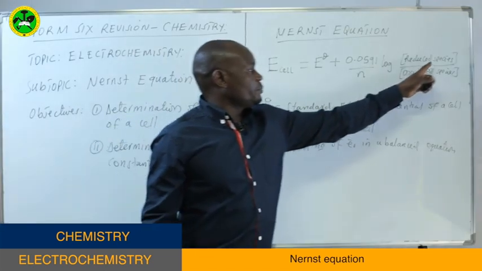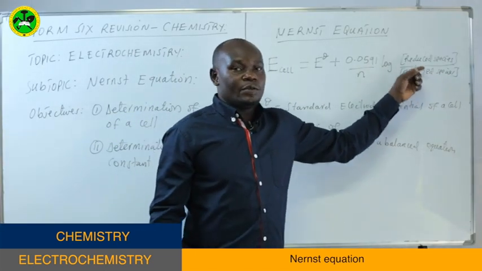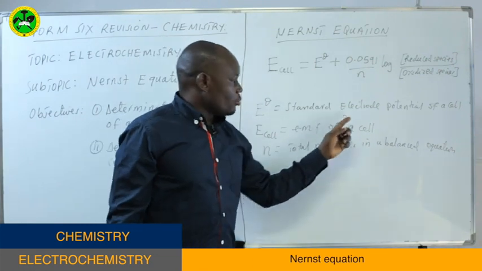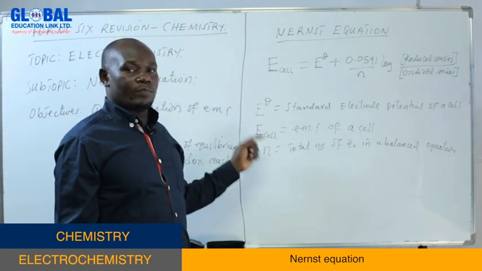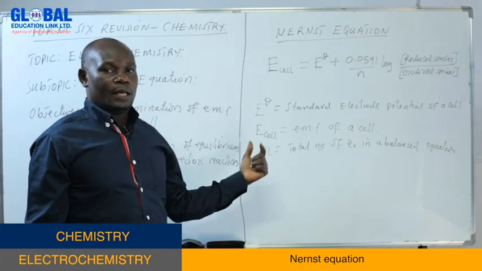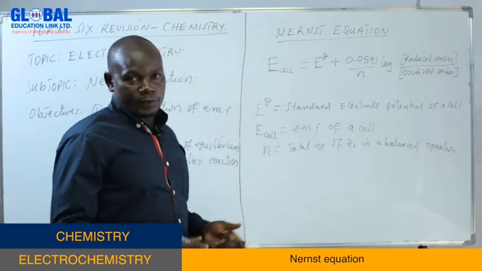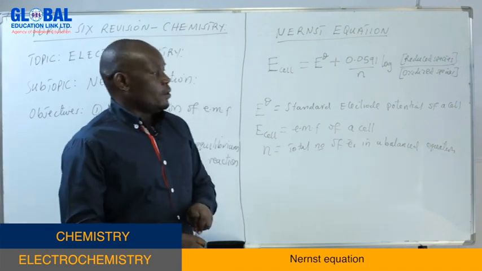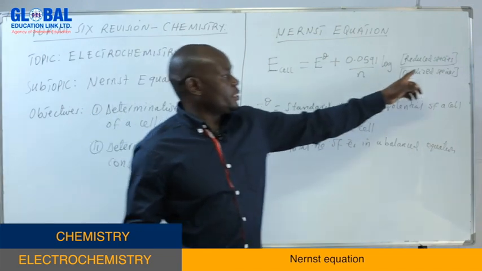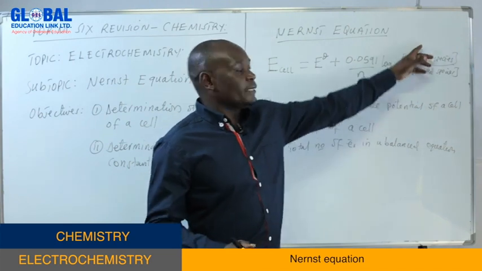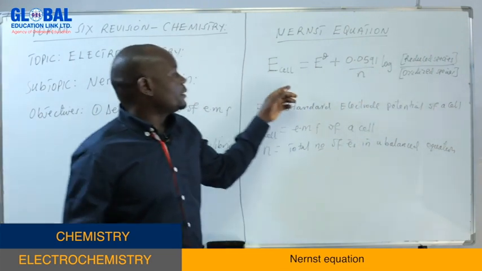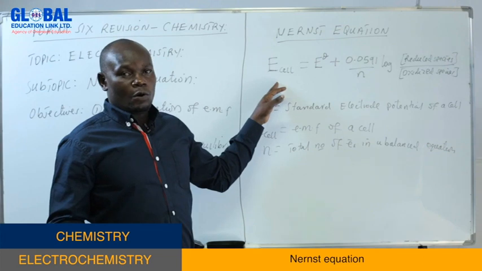And the reduced species and oxidized species are obtained by looking at the standard electrode potentials of the electrodes that are involved in that redox reaction. Most of the students have a problem determining which species will be reduced and which will be oxidized, so that they can use their concentrations in determining the EMF of a cell.